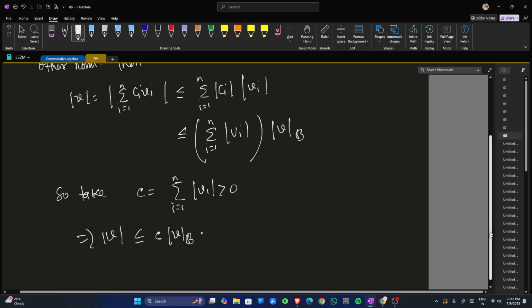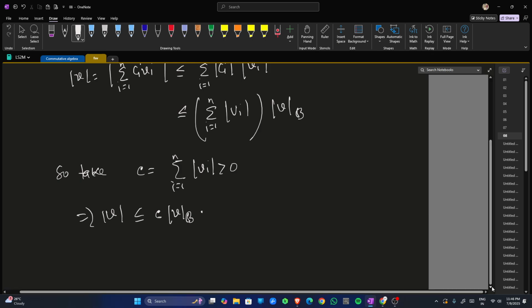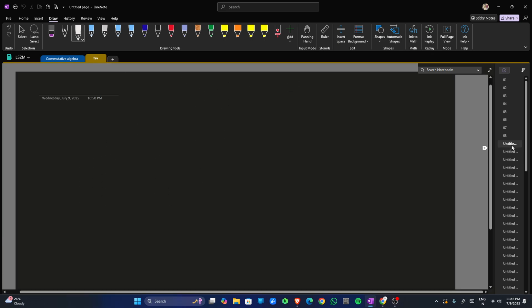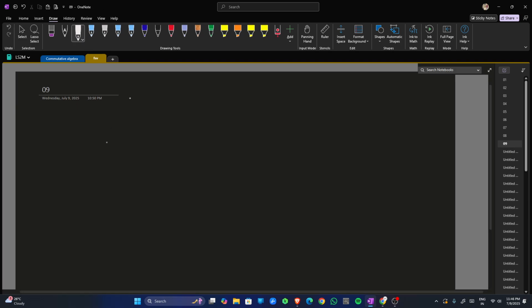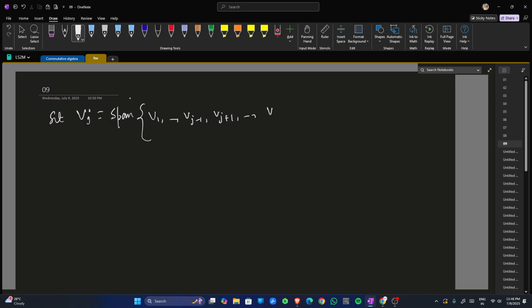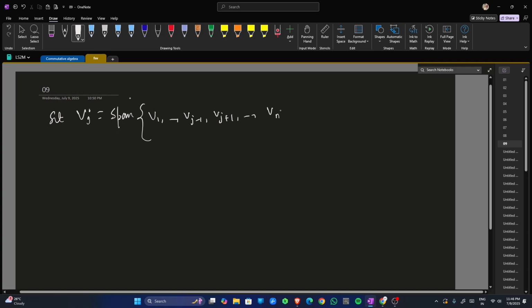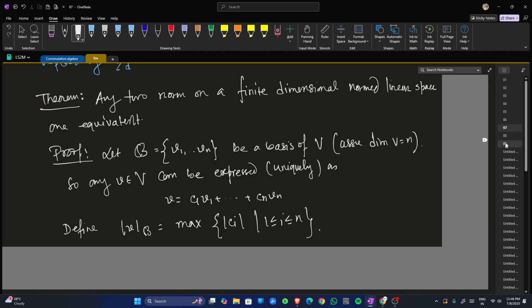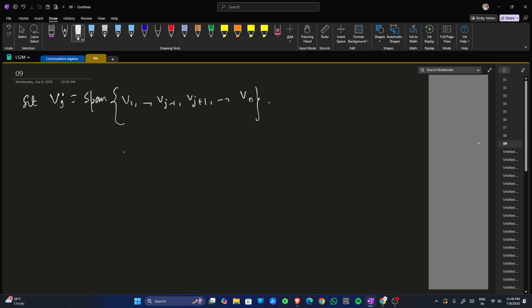How can you show that? Set Vj as this span. Remember, if V1 to Vn are basis elements, I am setting Vj to be this set.